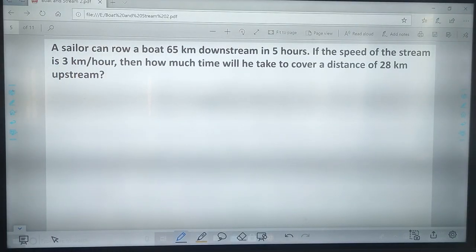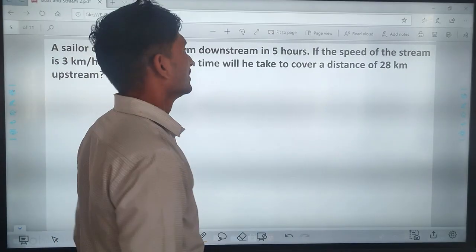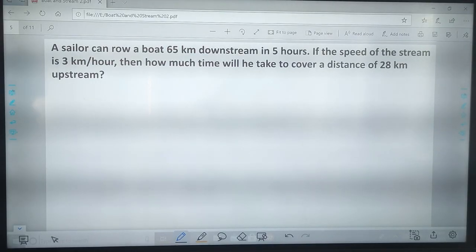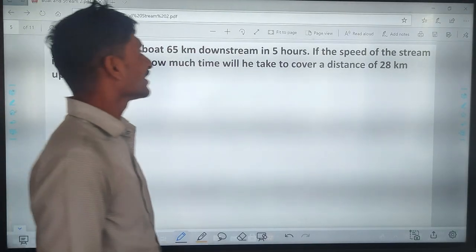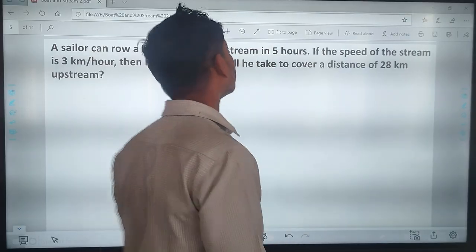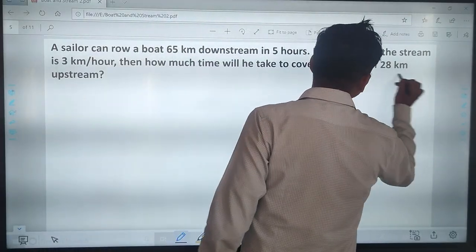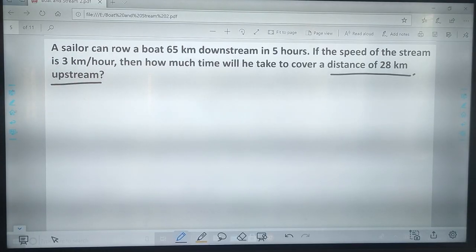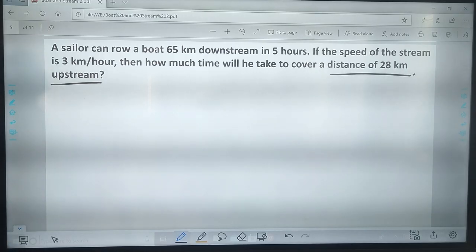A sailor can row a boat 65 km downstream in 5 hours. If the speed of the stream is 3 km per hour, then how much time will he take to cover a distance of 28 km upstream?